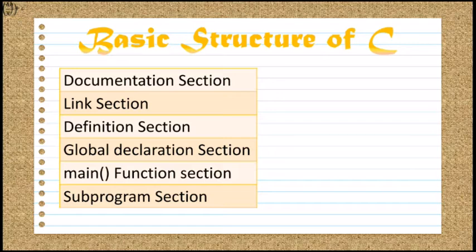Next, link section. Next, definition section. Next, global declaration section. Next, main function section. And last, subprogram section. So these are the 6 sections in basic structure of C.